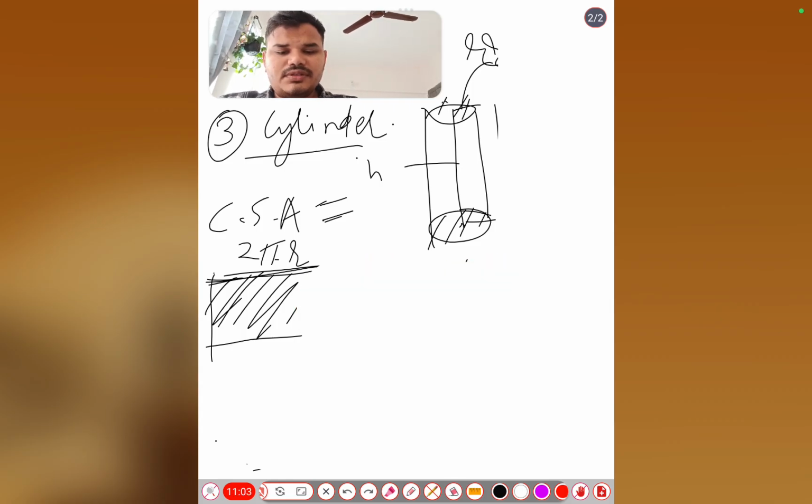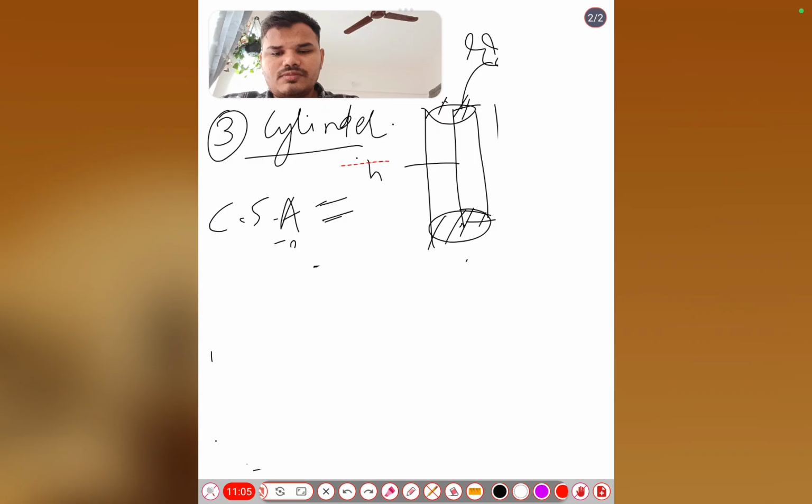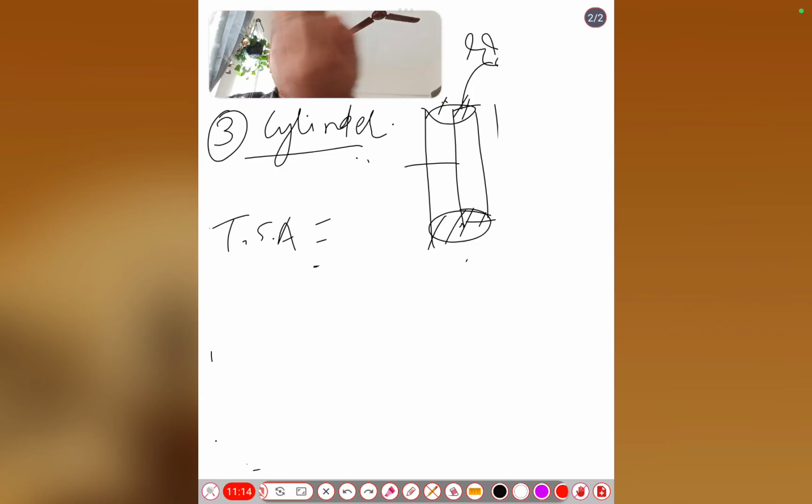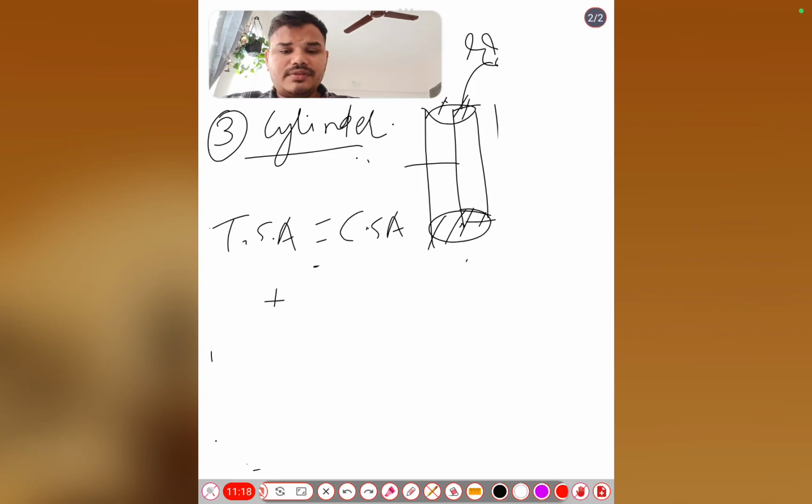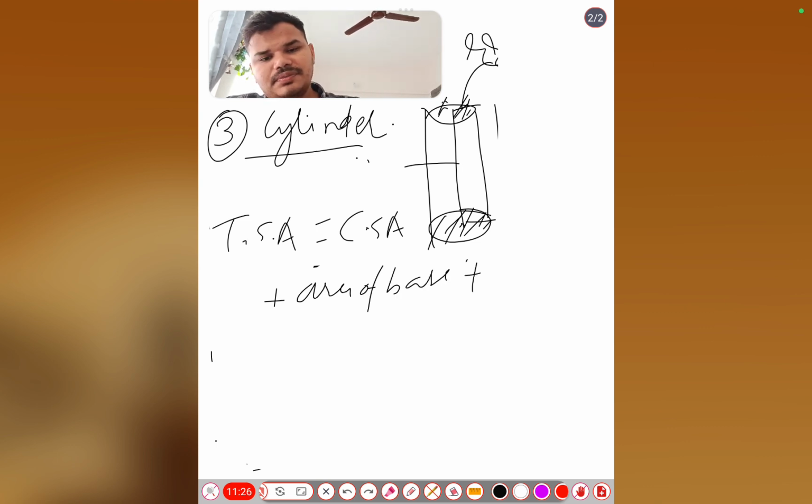Then the next one is the total surface area. Here the total surface area equals the curved surface area, plus the area of this base surface, the area of base, plus this top region, the area of top.